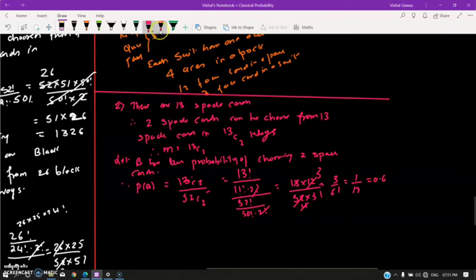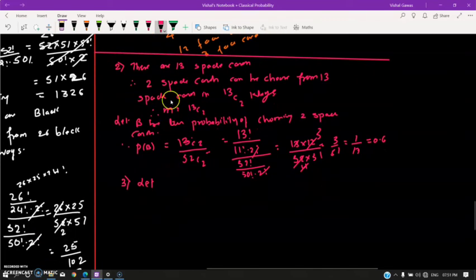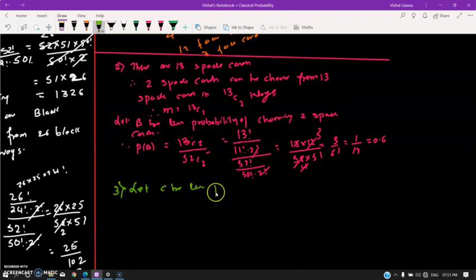So the third one is both are kings. Let me use some different pen so that you don't get confused. Use the green one. Let C be the probability that both the cards are kings.